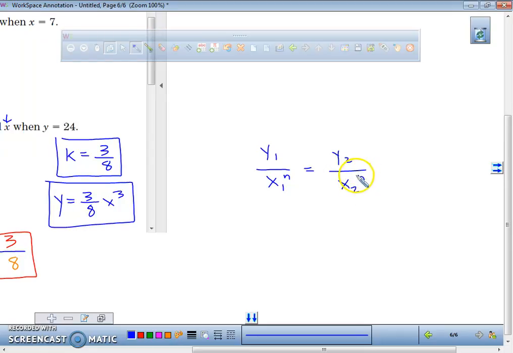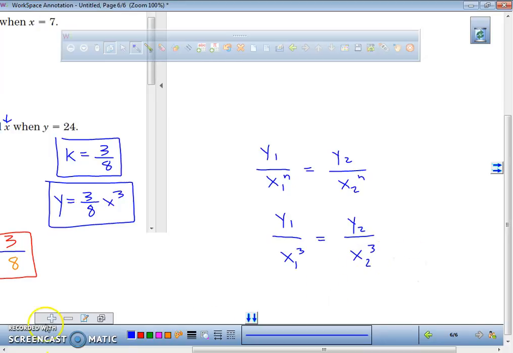But we know what our n value is this time. Our n value is a 3. So put y1 over x1 cubed equals y2 over x2 cubed. The 1 represents your first coordinate, and the 2 represents your second.